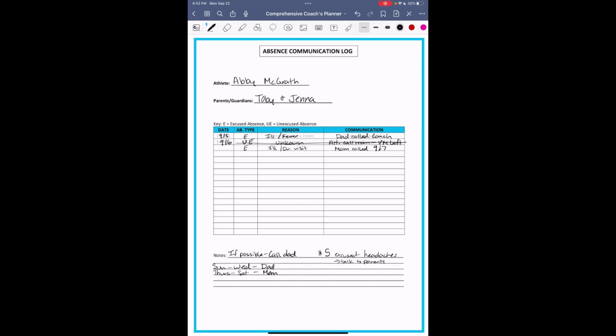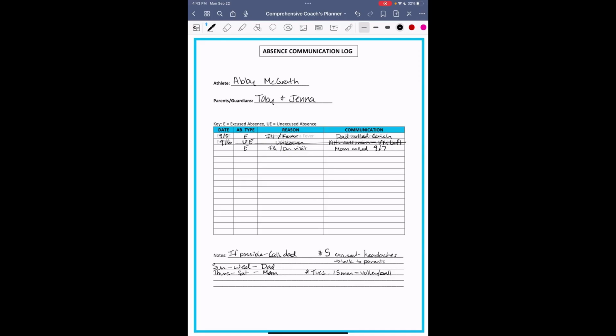It's also possible that you use this for tardies or reminding yourself if you have an athlete that is a multi sport athlete that they might have some certain absences or tardies that we want to keep track of. So maybe every Tuesday, Abby's going to be 15 minutes late because of volleyball. And whatever our arrangement is with that is how we handle it.